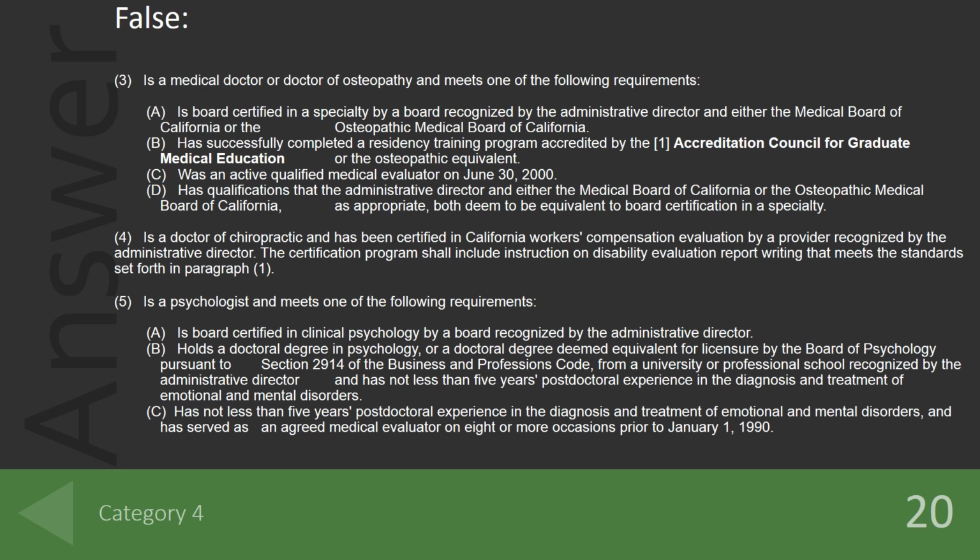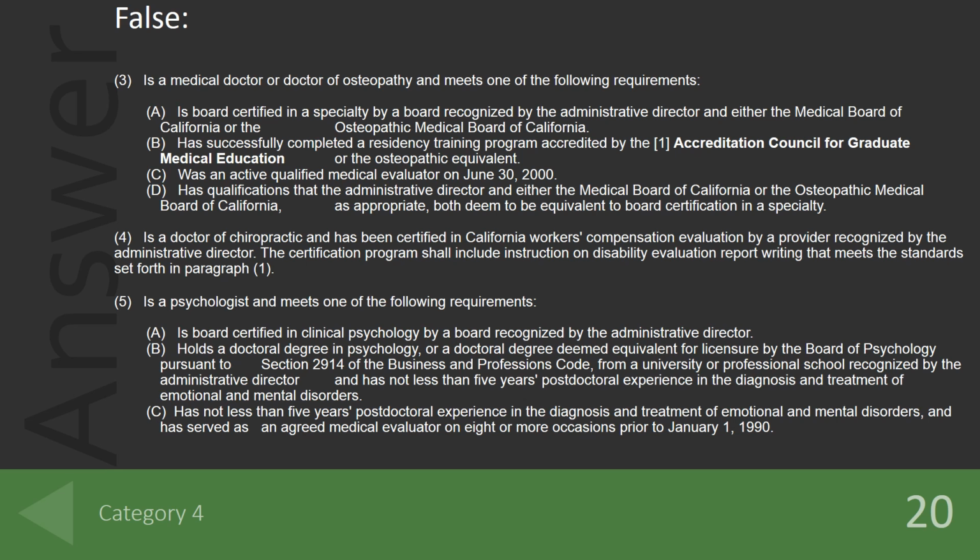It's now known as Southern California University of Health Sciences. And I mention those names simply as an example of a provider who's recognized by the administrative director. Typically, it's a provider that is one of the chiropractic colleges, but not in every instance, but generally.